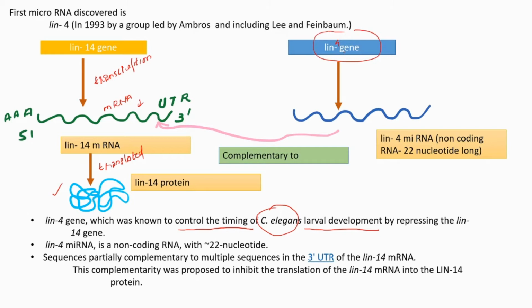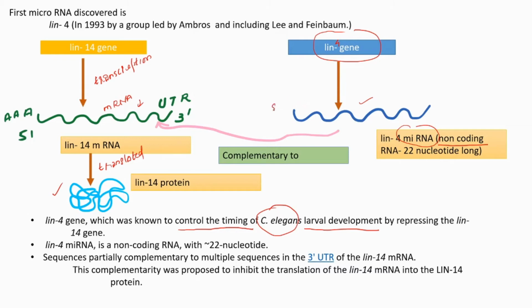This Lin4 gene, upon transcription, generates another RNA. This RNA is a non-coding RNA. It's not coding any protein. So it becomes an miRNA by forming a hairpin loop. That loop I didn't show here. Anyway, just understand that it is a looped RNA, it's a miRNA, and it's not coding. And what is its significance?